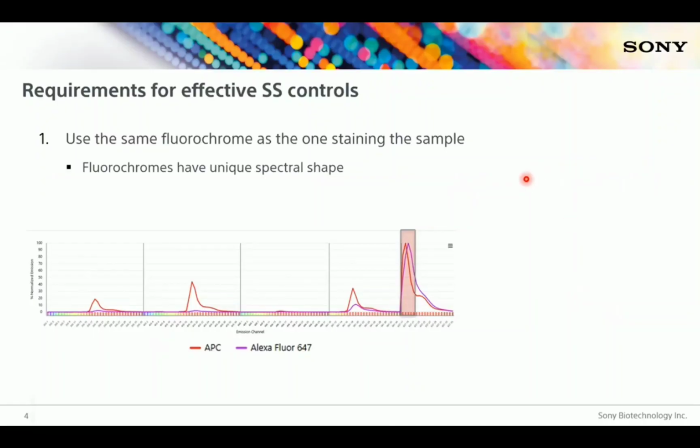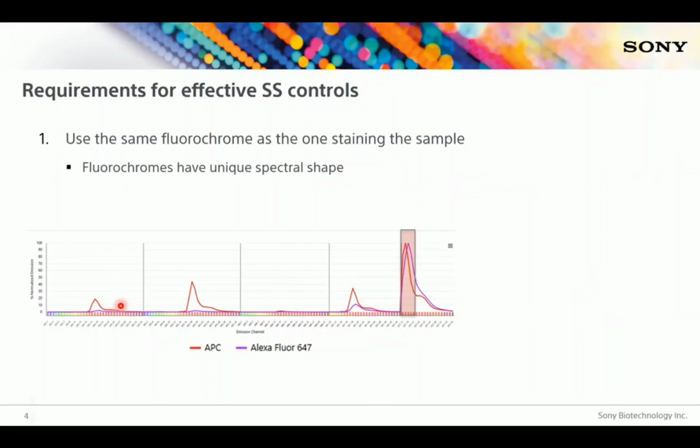In conventional flow cytometry, we follow well-established rules, many of which remain applicable in spectral flow cytometry. One key rule is using the exact same fluorochrome that stains the sample. We cannot substitute similar fluorochromes based on their emission peak, as seen with Alexa Fluor 647 and APC. While their maximum emission peak may look similar, they have different spectral shapes.